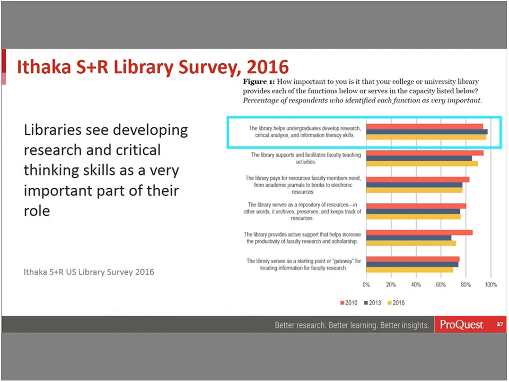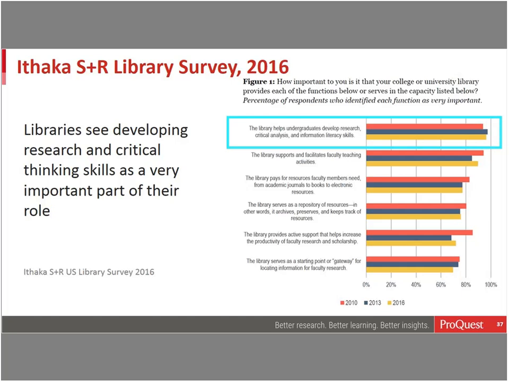In a similar study that Ithaca does for libraries, results from 2016 show that librarians see developing research and critical thinking skills as an important part of their role. So both faculty and librarians agree that this is important and that the library has a very important role in helping to develop these skills.